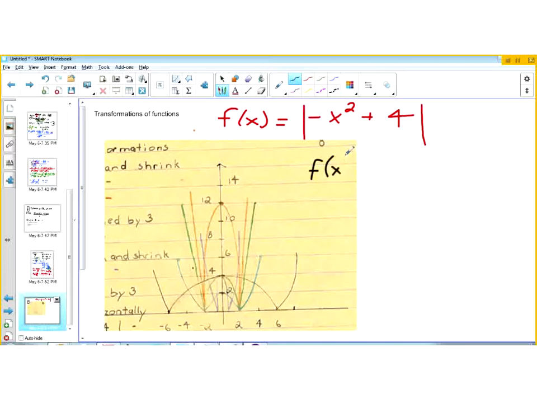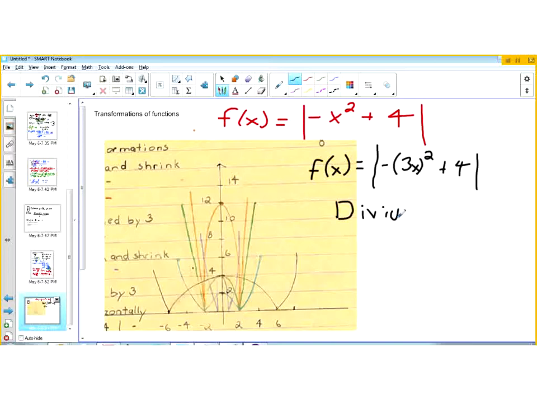So if I were to take the original function, f of x, which is shown in red, and multiply x by a number greater than 1, we would have, effectively, a horizontal shrink. Okay? So if I were to do something like this, how would that affect the output of the graph?